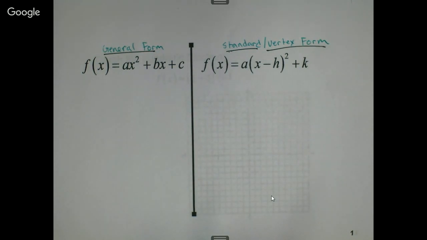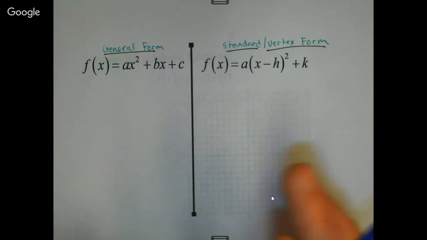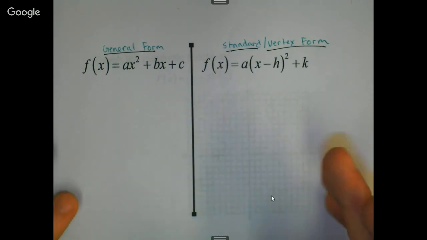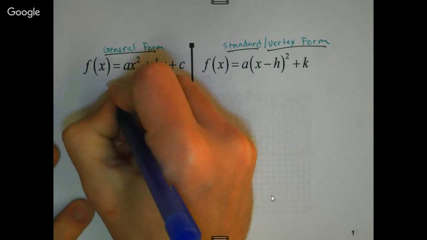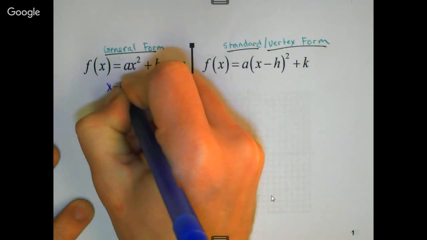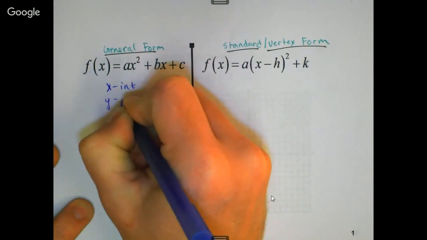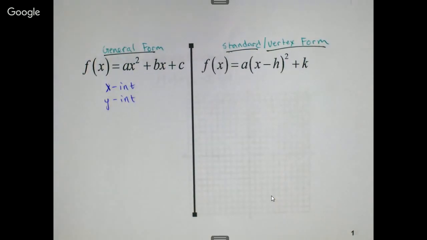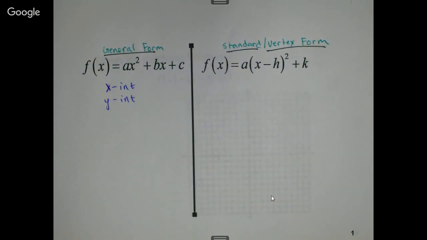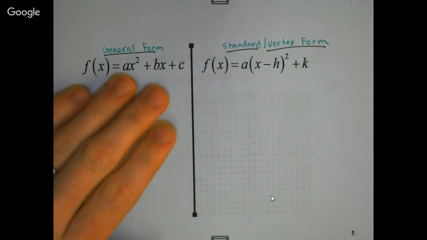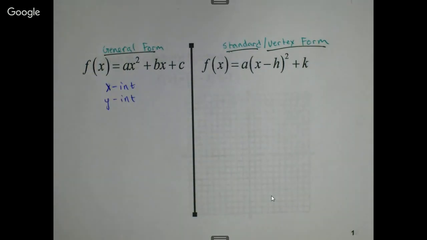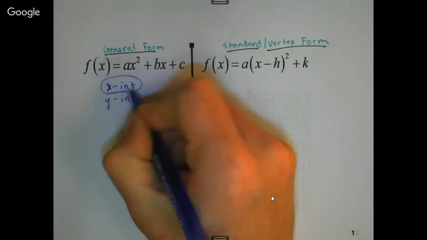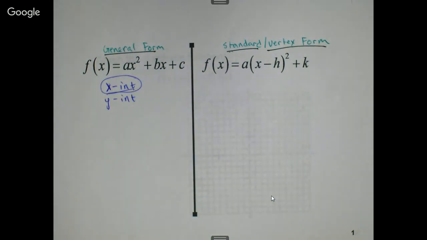This one is really just good for finding two things: I can get x-intercepts and y-intercepts from it, but I can't tell a whole lot about my graph. We usually use it when factoring and finding the zeros, which are the x-intercepts.